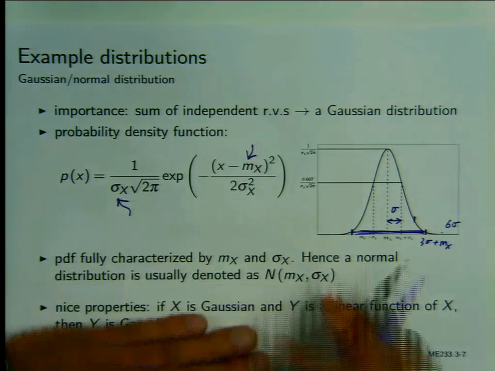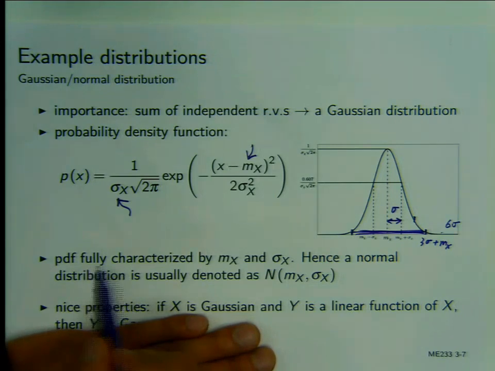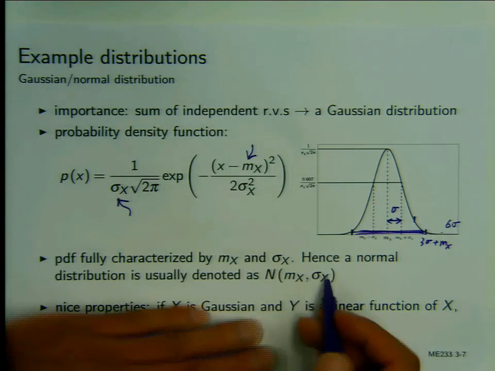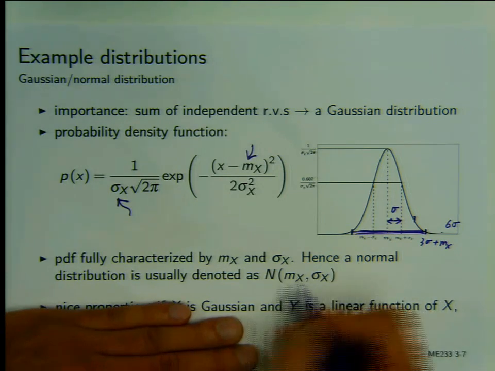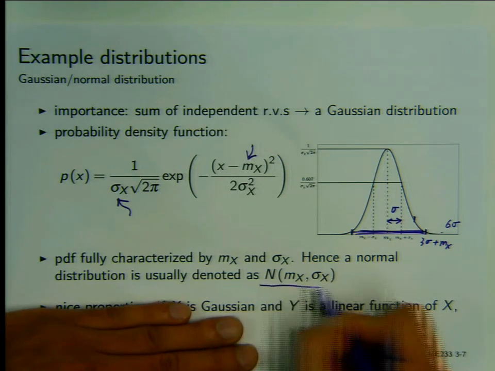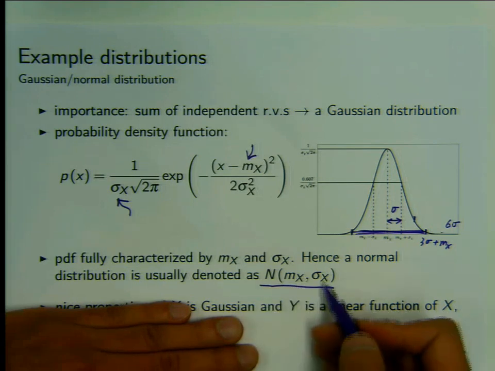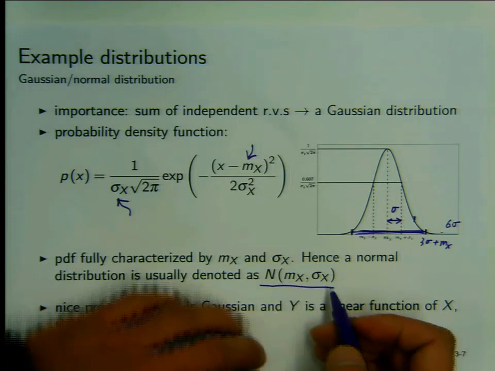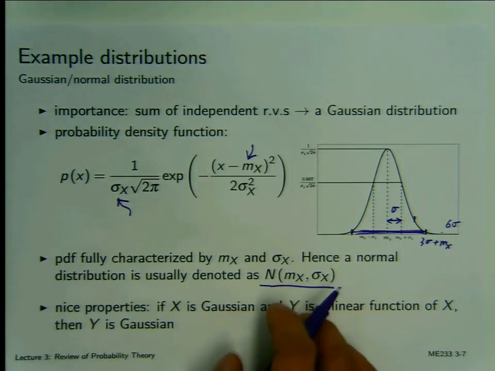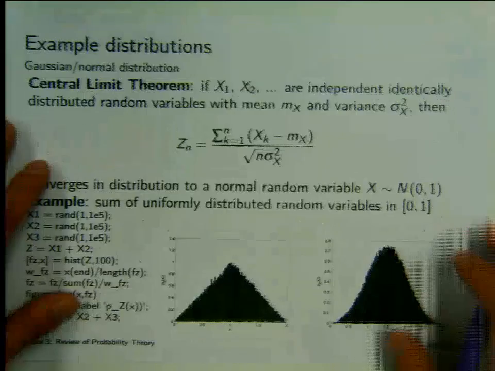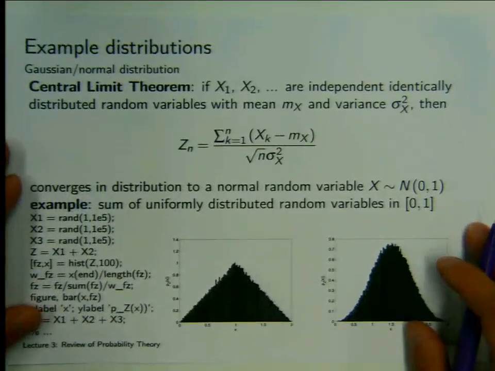Because the PDF is fully characterized by m_x and sigma_x, a normal distribution is usually denoted as this: normal distribution with mean and standard deviation. The main reason I explained this is simply the most important distribution in 233 is because of this.